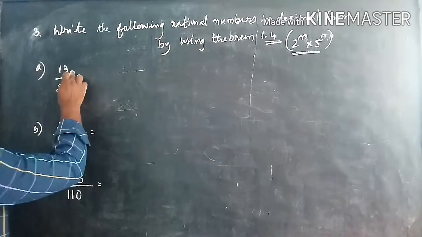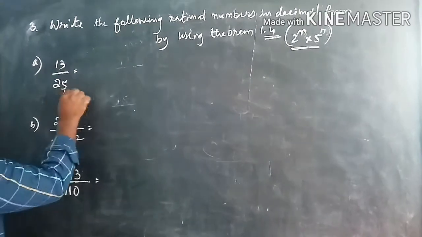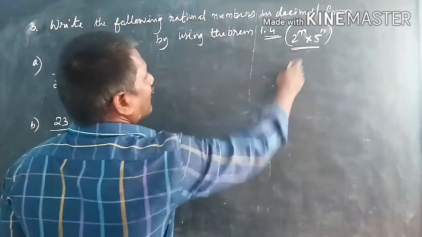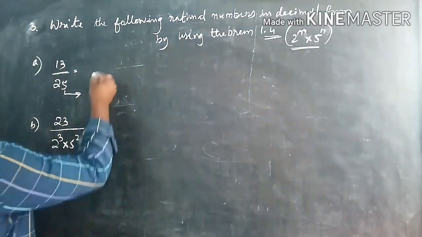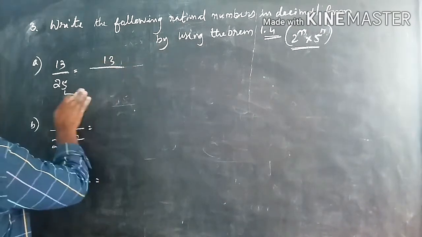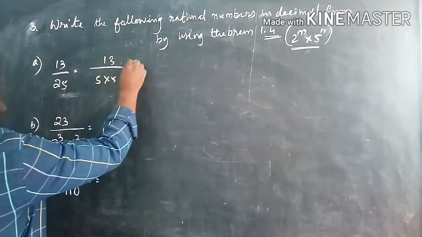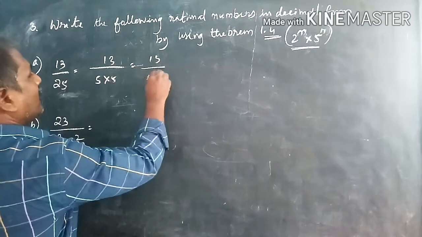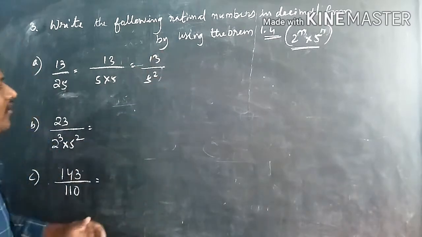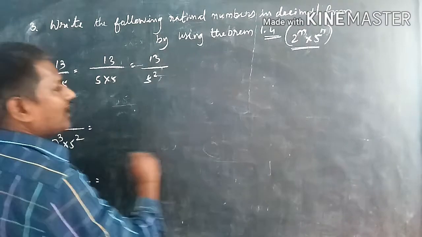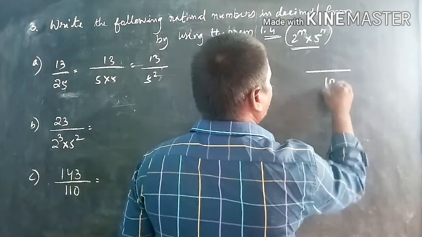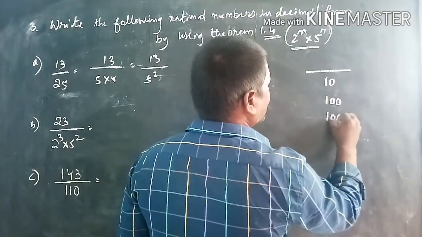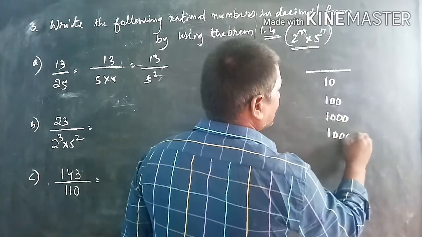Let us see 13 by 25. This 25 should be written in the form of either 5 power n or 2 power n or 2 power m into 5 power n. So 25 means 5 into 5, so it is 13 by 5 square. If you want to write decimal forms, the denominator must be in the form of 10 or 100 or 1000 or 10,000, and so on.